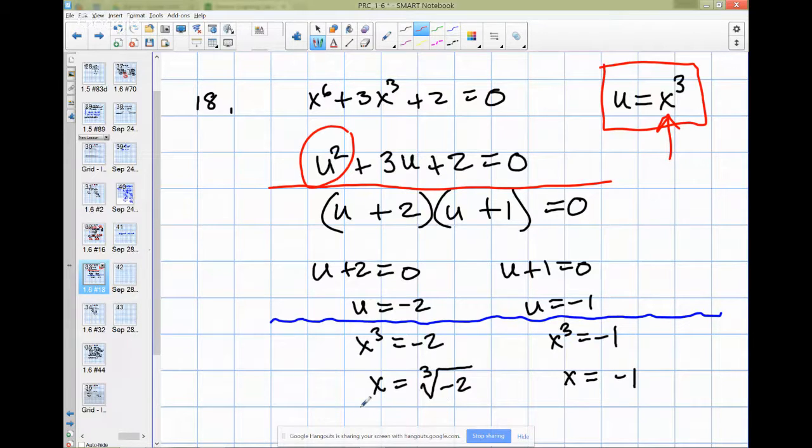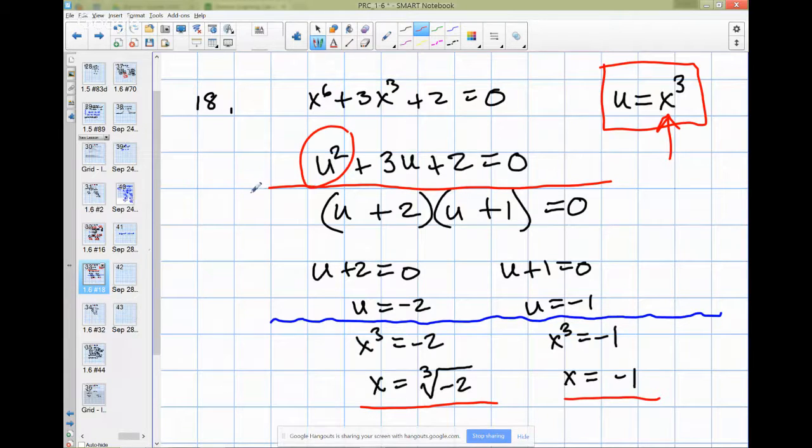The answer is the cube root of -2. And the other one we can do in our heads: -1, when you multiply it 3 times, will be -1. Remember, the degree of the polynomial you're solving is the maximum number of solutions, so it's okay to have less.